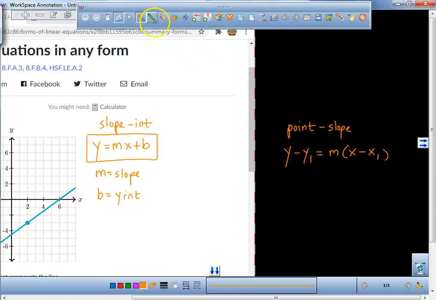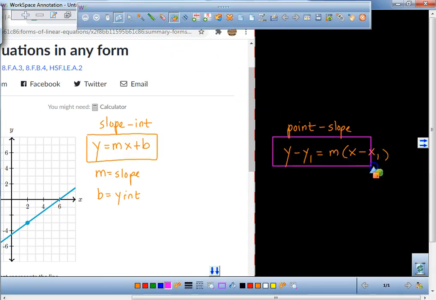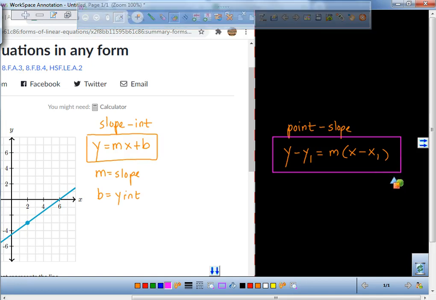These are the two forms that we are going to focus on utilizing today. I'm not going to type anything in standard form, okay? I'm just going to be focusing on slope-intercept form and point-slope form.